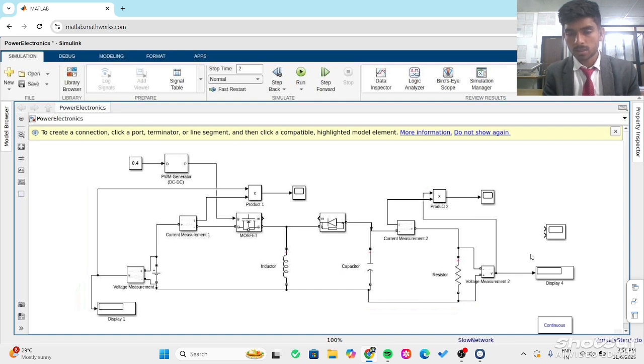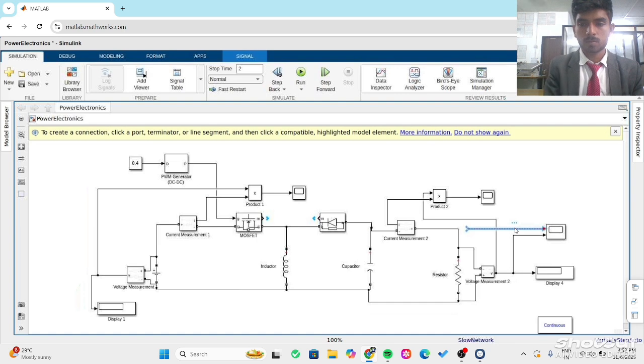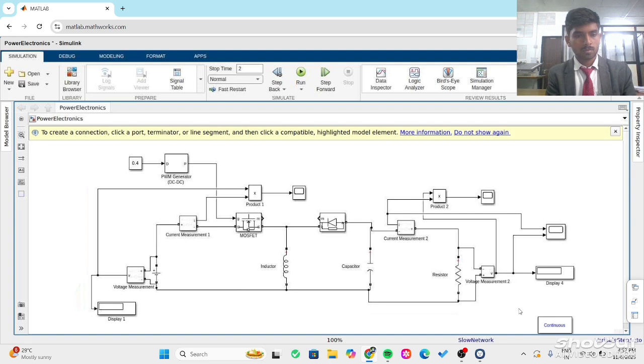Then, for seeing the waveforms of both current and voltage, we use two scopes connected to both.